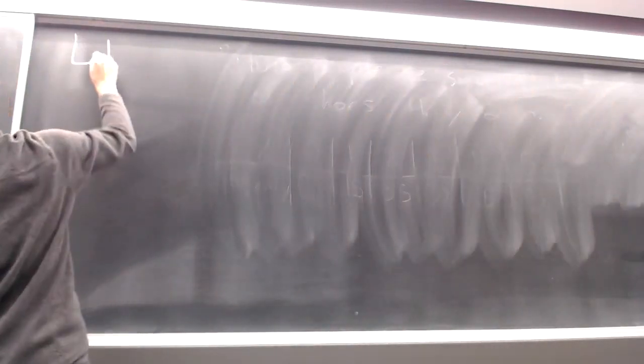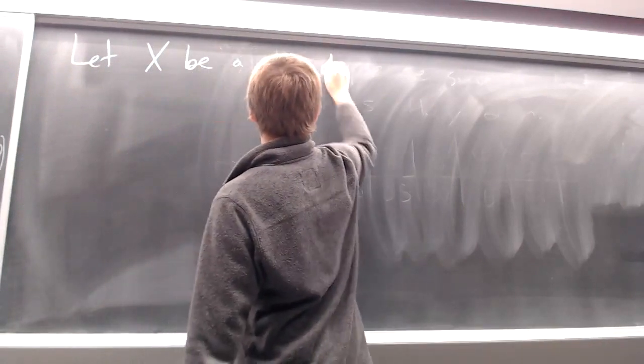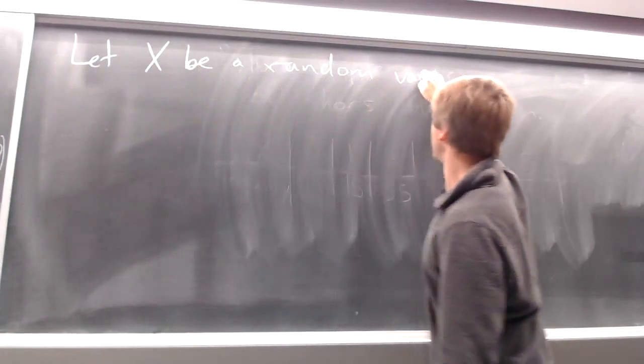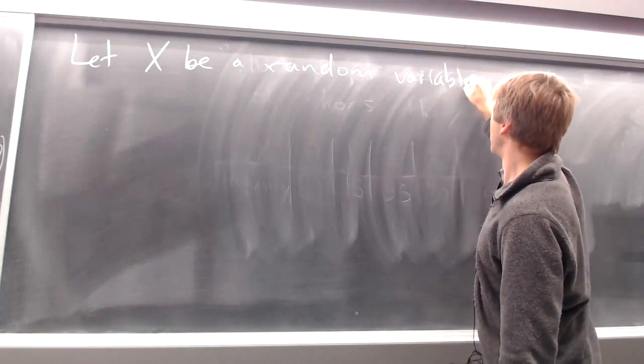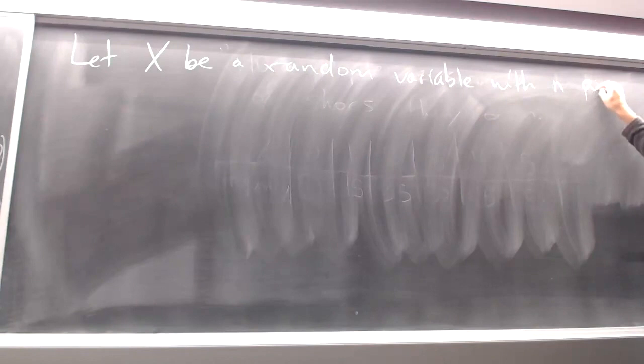Let's let x be a random variable with n possible outcomes, let's call them little x1, x2, up to xn.